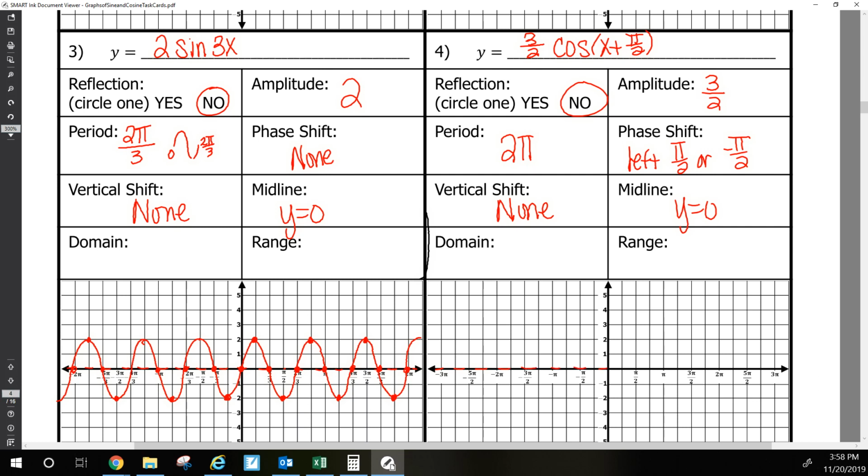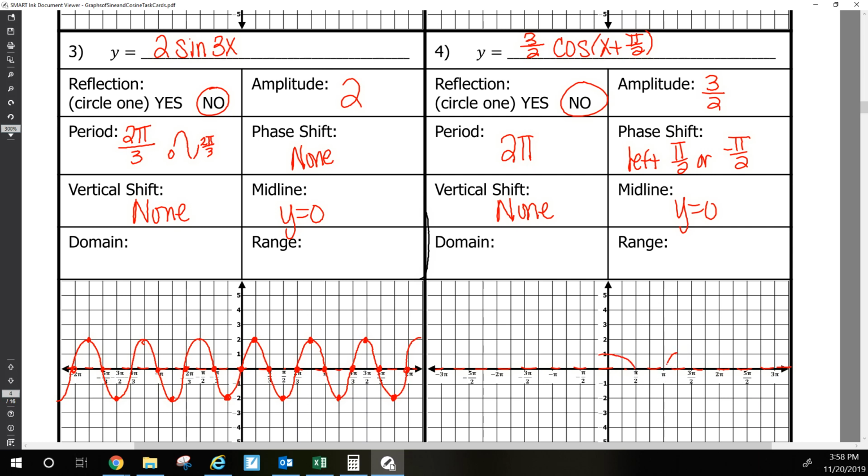My period is still 2 pi, but we're shifting everything to the left pi over 2. So where does cosine start? Normally cosine starts at 1, goes down and up, right? Let me try this again.